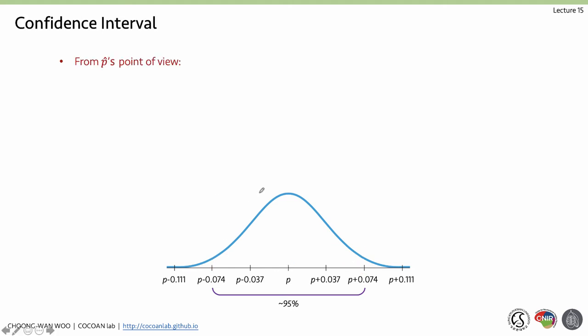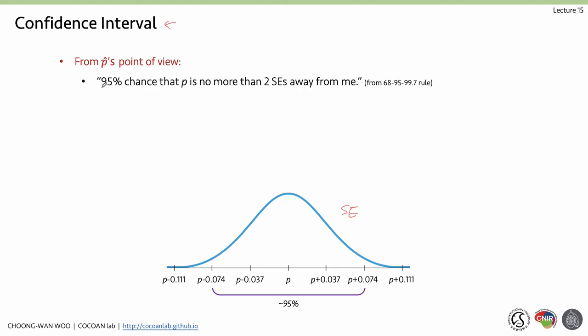Using this sampling distribution and standard error, we can calculate the confidence interval. To understand what the confidence interval is, we need to start from P hat's point of view. From P hat's point of view, there is a 95% chance that P is no more than 2 standard errors away from me.